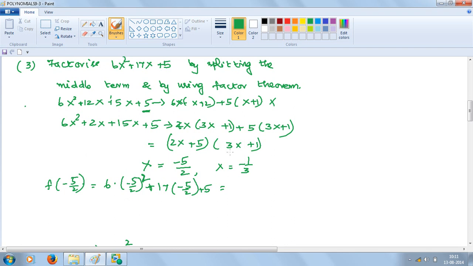So this becomes 6 multiplied by 25 divided by 4, plus minus 85 divided by 2, plus 5. Taking the common denominator 4, 6 multiplied by 25 becomes 150, minus 170 plus 20. Now this is equal to 0. So f of minus 5 by 2 is equal to 0.